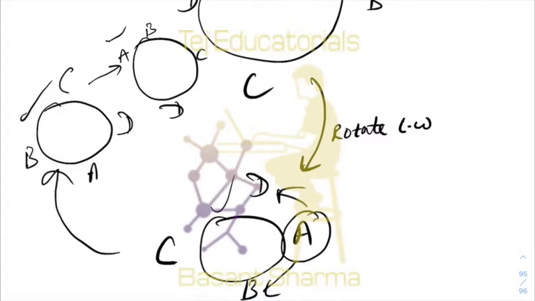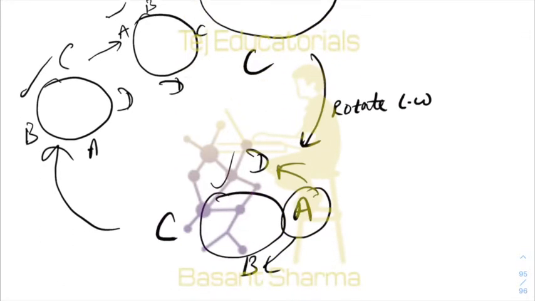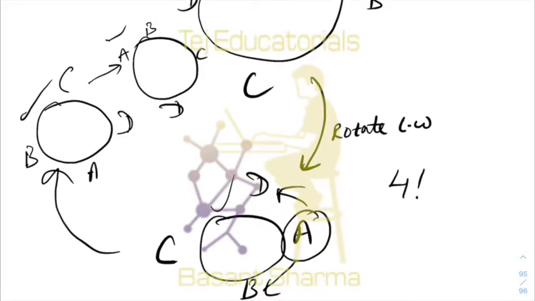So effectively, from the circular permutation point of view, they are the same, but they are counted as separate cases from the linear permutation point of view. You get my point? 4 factorial arrangements would be the case if A, B, C, and D were arranged in a row, in a straight line.